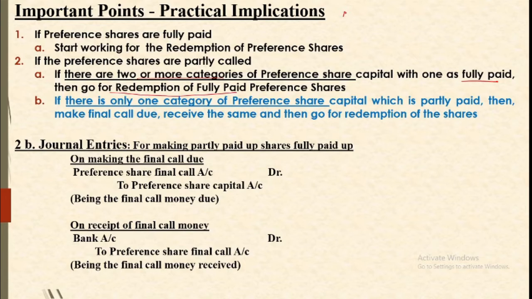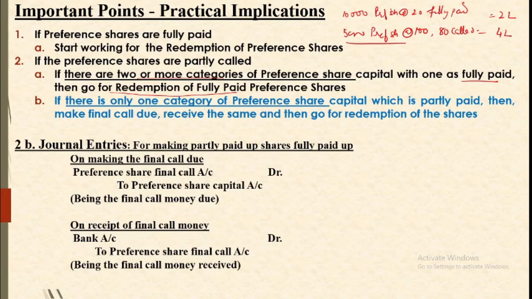Suppose your question says that you have 10,000 preference shares of 20 rupees each fully paid, that is 2 lakh, and then another 5,000 preference shares of 100 rupees each, 80 called.